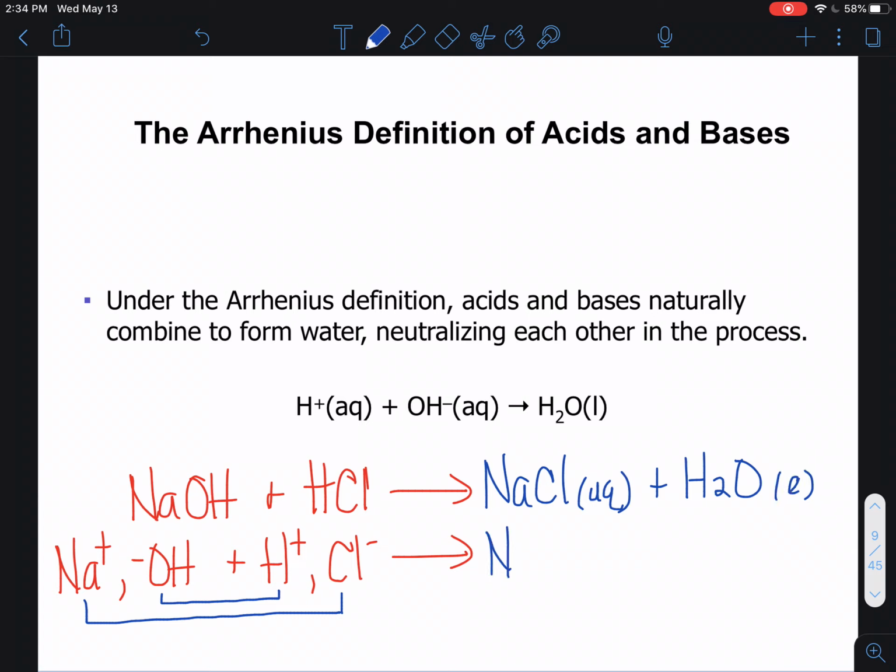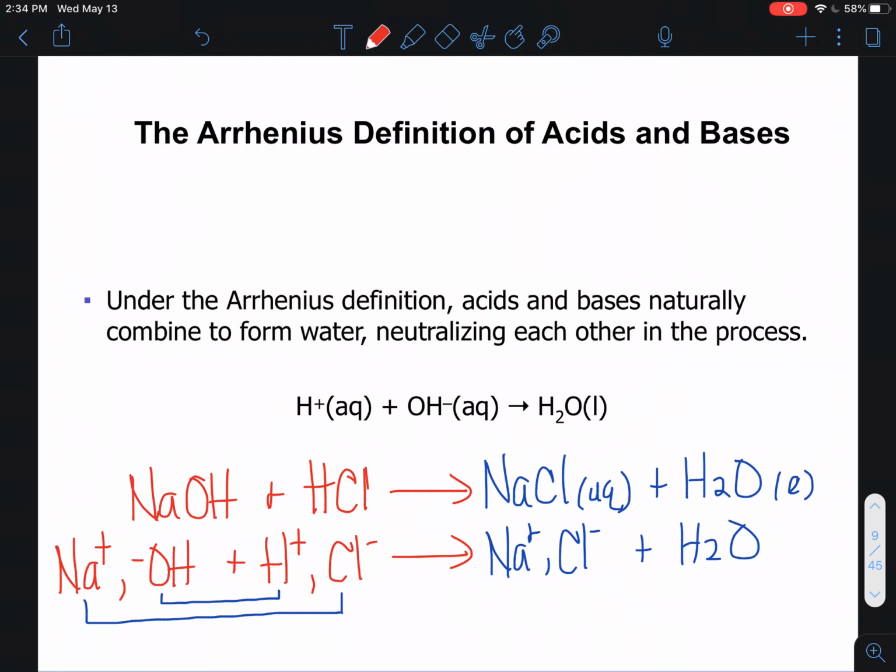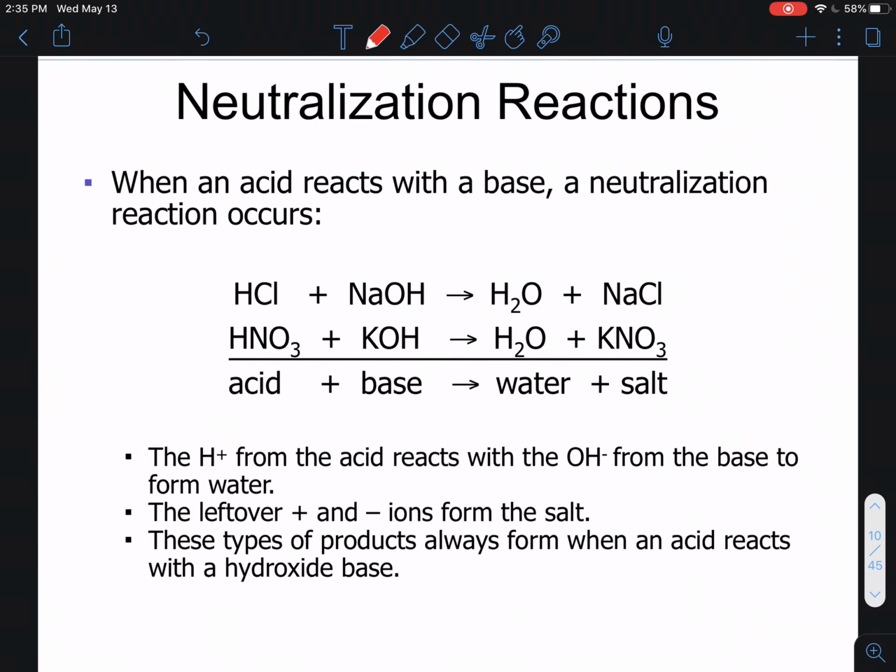Long story short, because this dissociates, if I wanted to do the net ionic equation, it is right here. The protons and the hydroxide anions always combine to neutralize and form water.